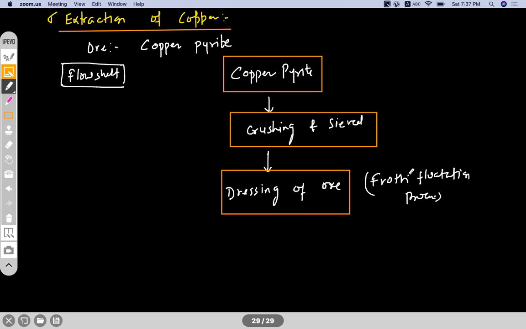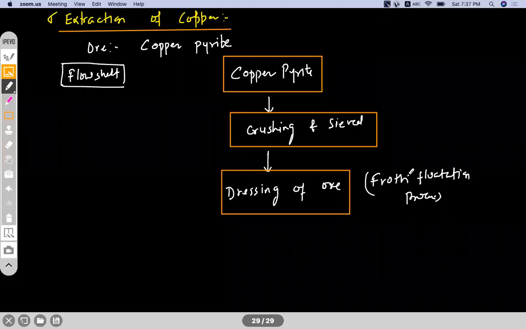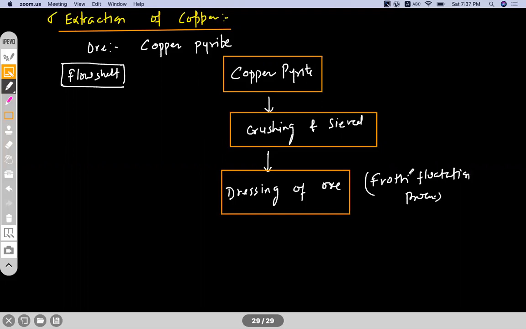And one more thing we add into this, that is potassium or sodium xanthate. Correct. So the froth flotation process, just go through once, you'll get it what all things we have over here. So in short, I'll just write down here, not in detail. So we have powdered ore, correct?